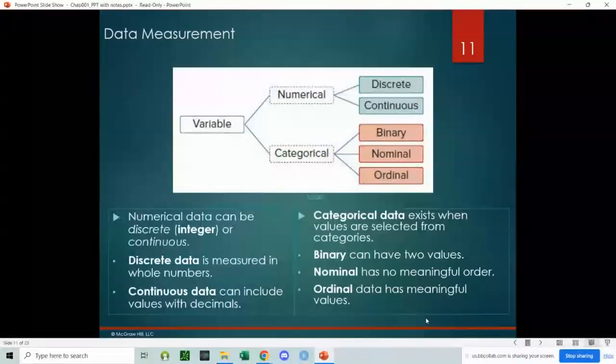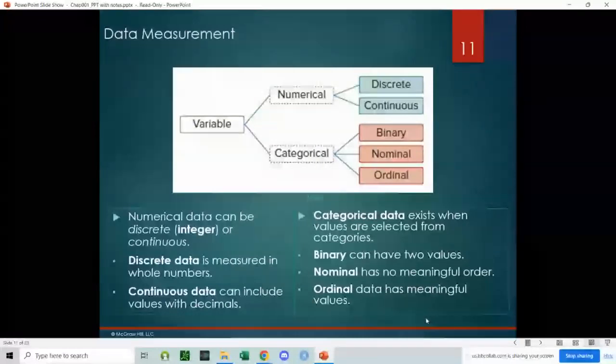Ordinal is also something you'll see in Likert scale surveys. When you have very unsatisfied to very satisfied, you'll often see 1, 2, 3, 4, 5, where 5 is most satisfied and 1 is least satisfied. So those numbers have order, and that data has meaningful values.